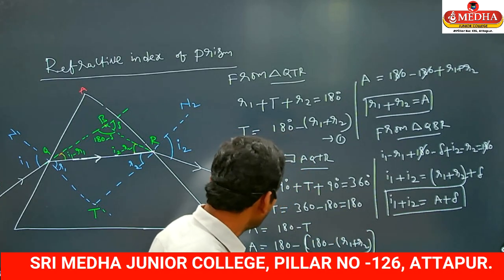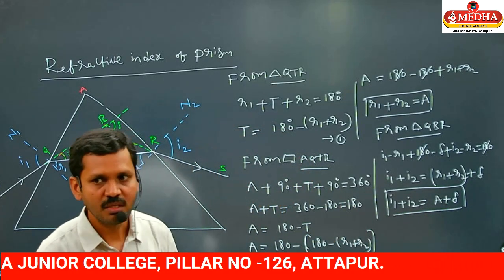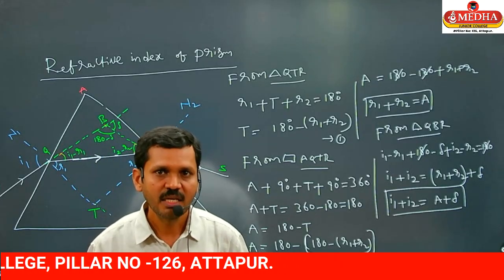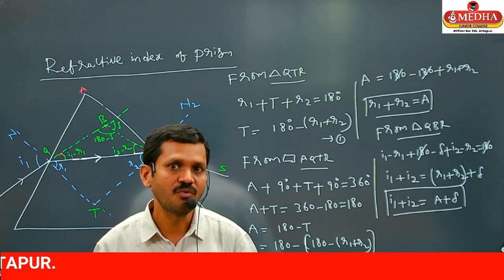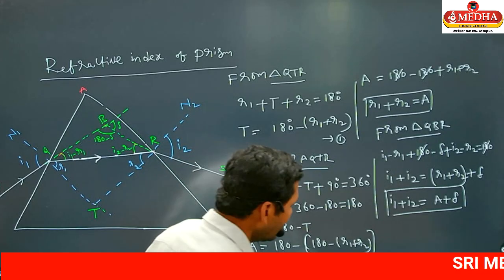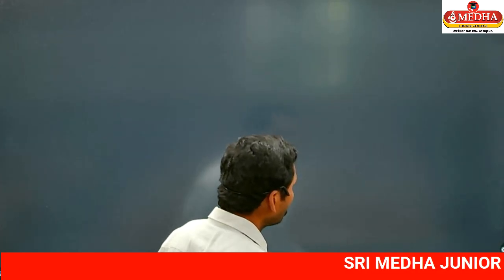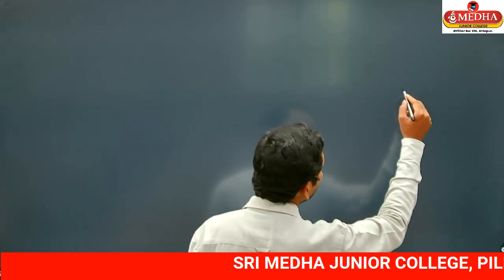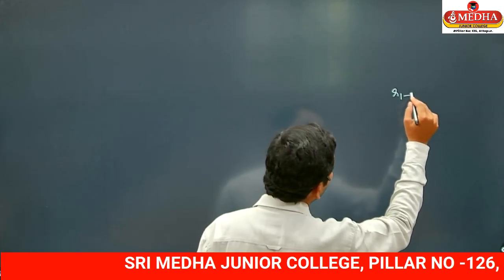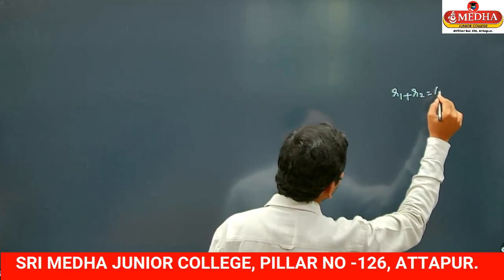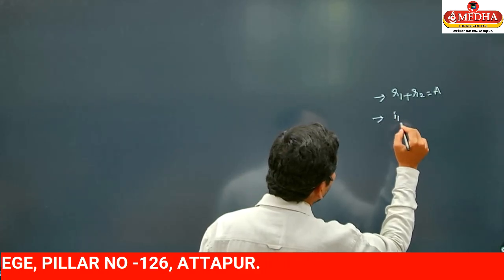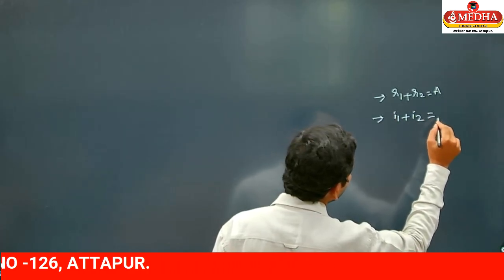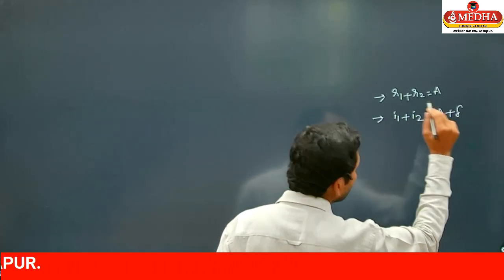Next, I am using a graph between the angle of incidence on a prism and the angle of deviation. Till now we got two relations: R1 plus R2 is equal to A, and I1 plus I2 is equal to A plus delta.